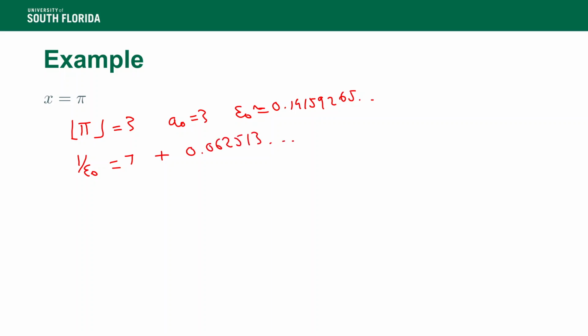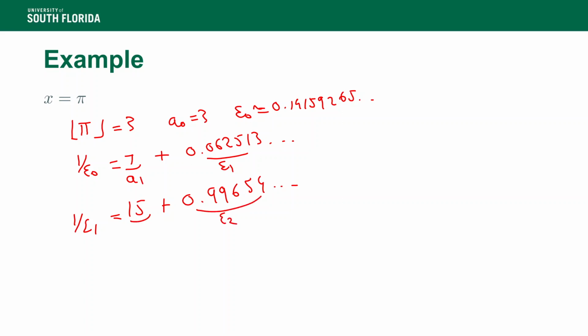0.062513... So this is our epsilon 1, and this is a1. Now 1 over epsilon 1 is going to be 15 plus 0.99654... This is going to be epsilon 2, and this is going to be a2.